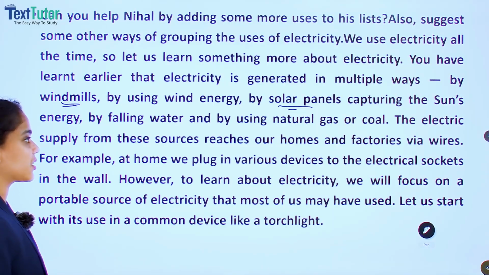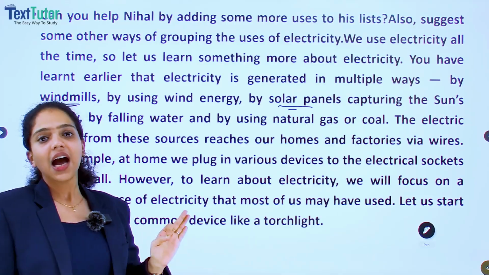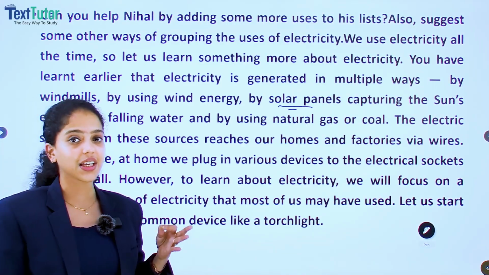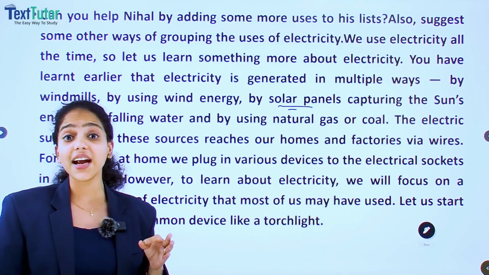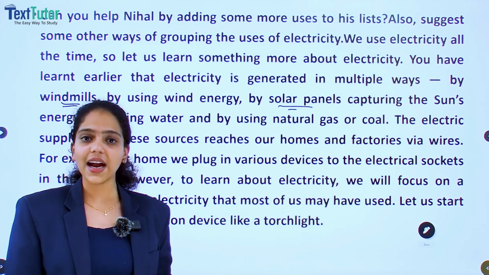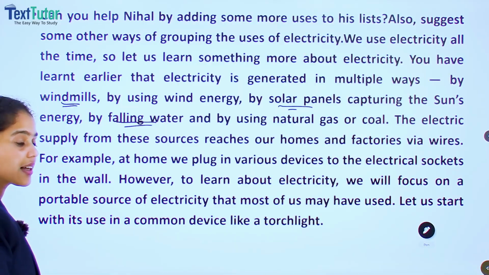By falling water, the kinetic energy of the falling water is converted into electrical energy, which we can see in hydroelectric power plants or hydroelectric dams.